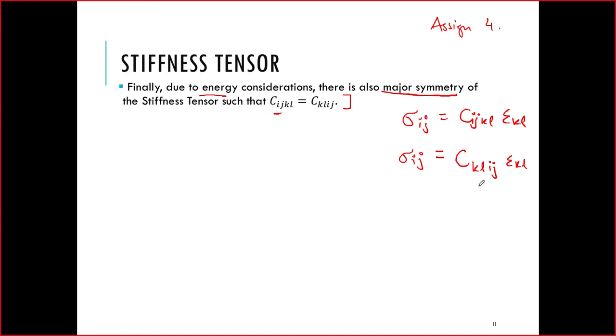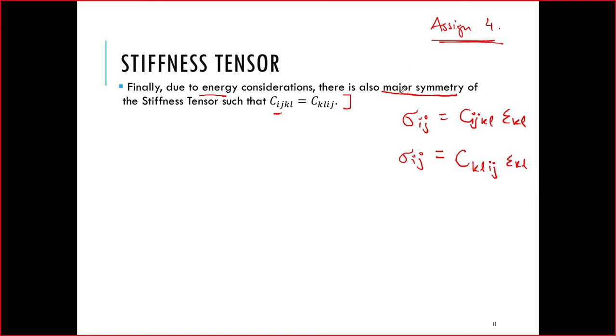If we are able to do this, this is referred to as its major symmetry. और इसका जो reason है ना वो actually जब कोई मटीरियल डिफॉर्म हो रहा है तो उसके अंदर जो स्टोर्ड डिफॉर्मेशन एनर्जी स्टोर की हो रही है उससे रिलेटेड है बेसिकली. So as I said, assignment number 4 will deal with that in a little, not too much in depth but a little bit.